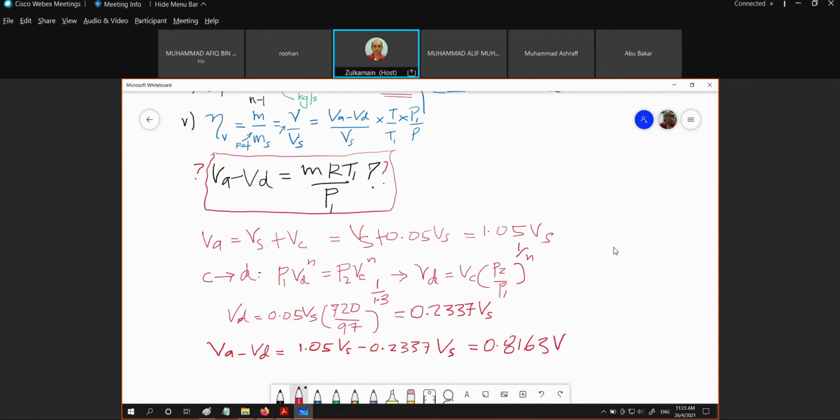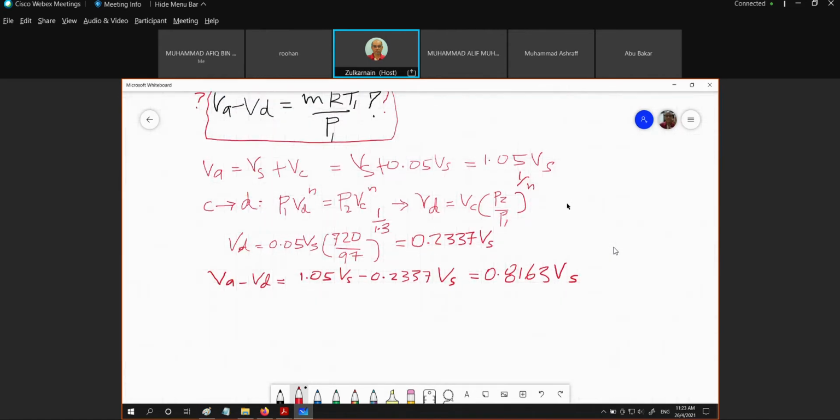Okay, so from here we are going to use the volumetric efficiency equation that we have written before. So the volumetric efficiency equal to VA minus VD, which is 0.8163 VS, divided by VS times T0 over T1, P1 over P0. The T0 is 300, you need to convert this to Kelvin.